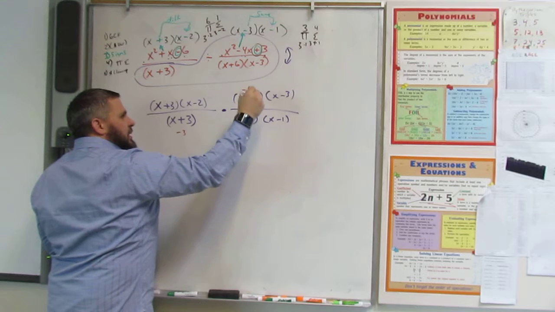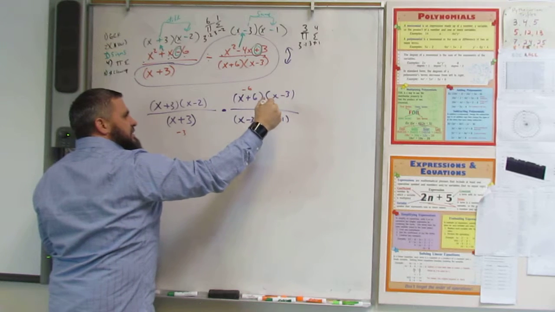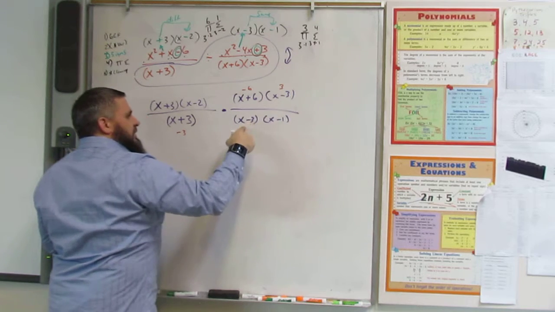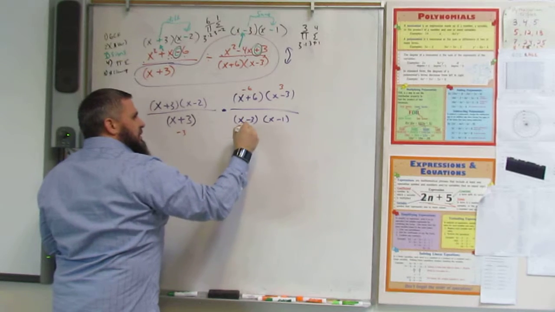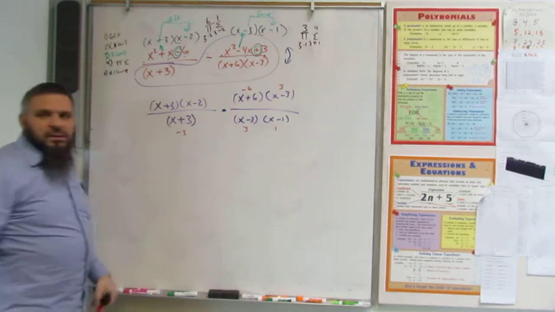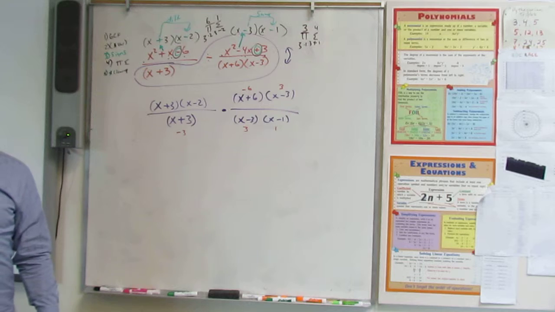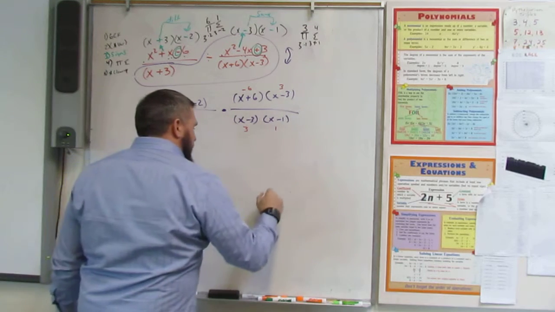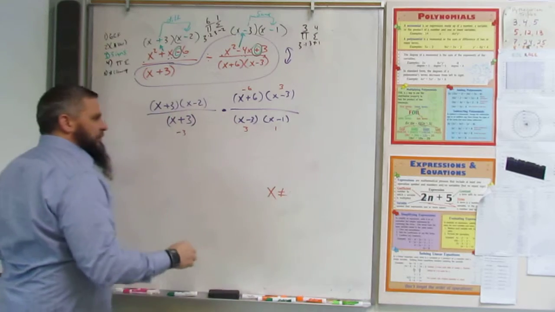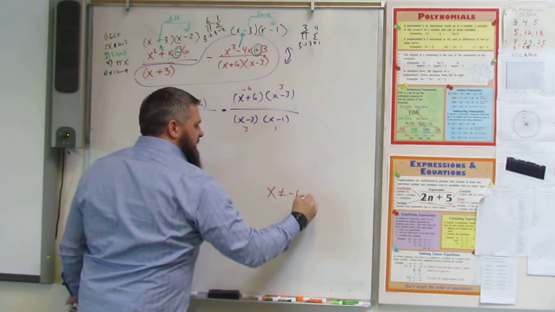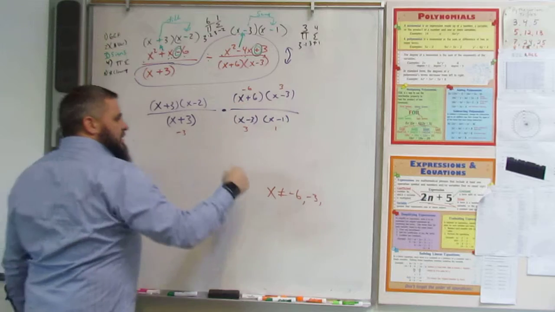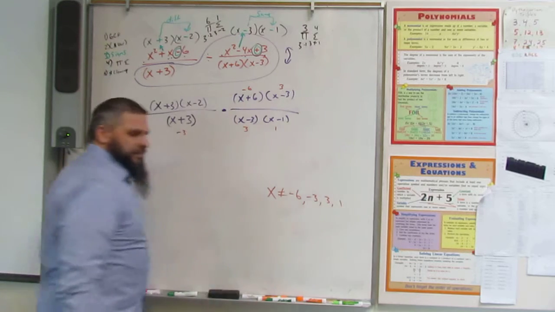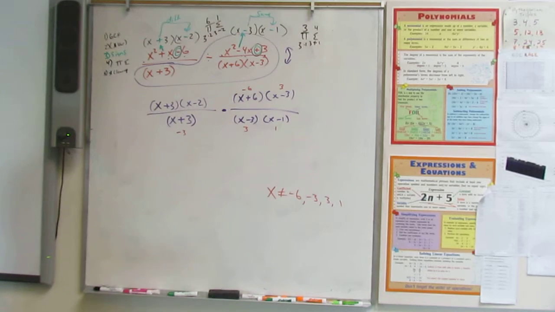Negative 6. What do I add to negative 3 to give me 0? Plus 3. What do I add to negative 3 to give me 0? 3, and then 1. Good. Bam! It's that easy. Those are what x can't be. So x cannot equal negative 6, negative 3, 3, and 1.